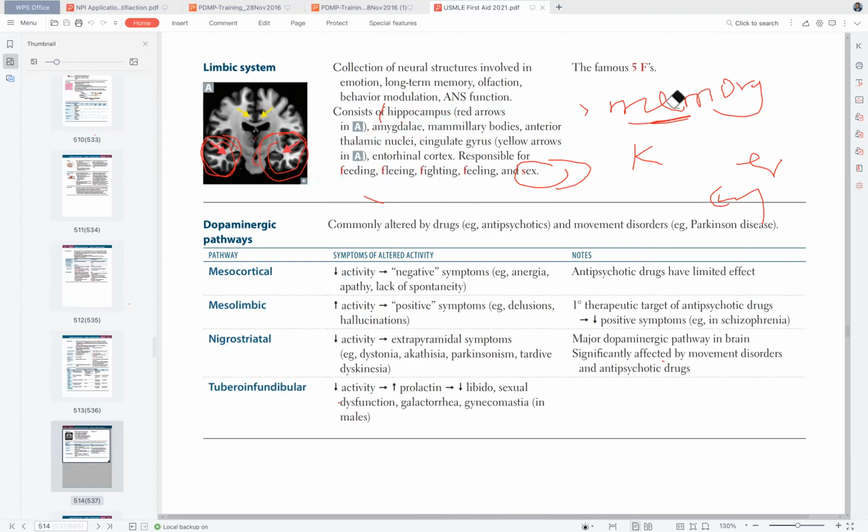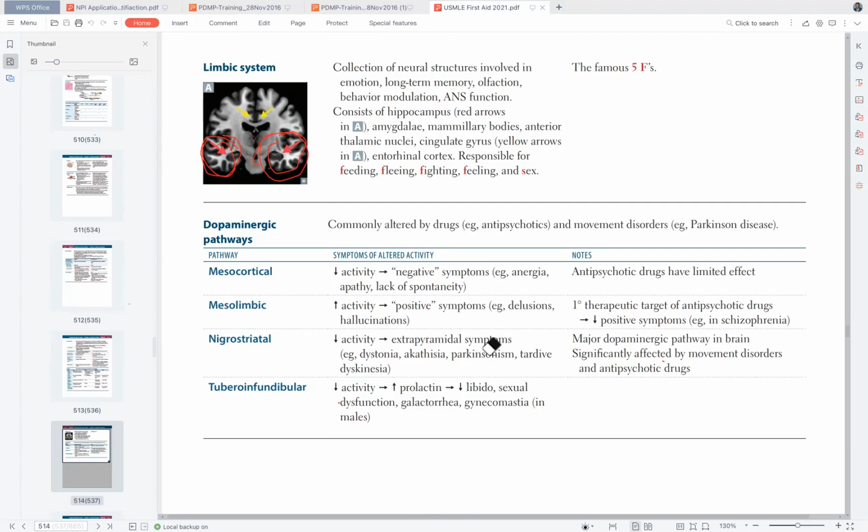You get a presentation, right? If somebody has, it has to be bilateral. They have problems with feeding. Yes. They can eat too much, or they can present with just putting something in their mouth, like chewing gum a lot. And then they have abnormal sexual drive.